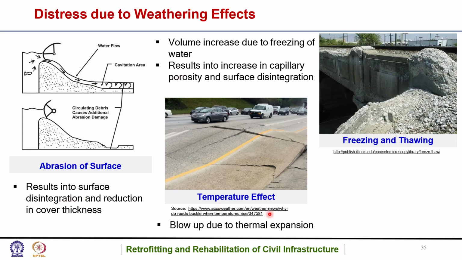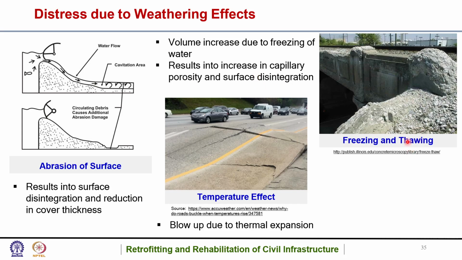And then there is the temperature effect. In the case of concrete, it results in blowing up due to thermal expansion. We'll be studying this in more detail in the coming slides. And then there is freezing and thawing action. Freezing is the water becoming ice, and thawing is the ice melting into water.